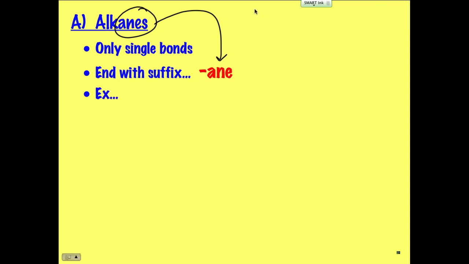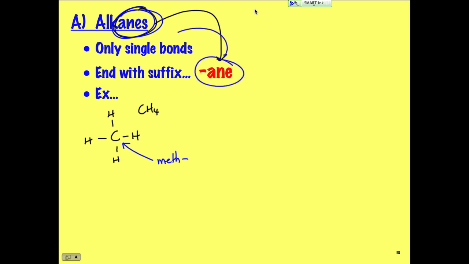And so, realistically, the simple one that we just looked at, this carbon with 4 hydrogens around it, CH4, the prefix tells us how many carbons. So the prefix for 1 is meth, and because it's an alkane, it's going to end in ane. This one would be called methane.